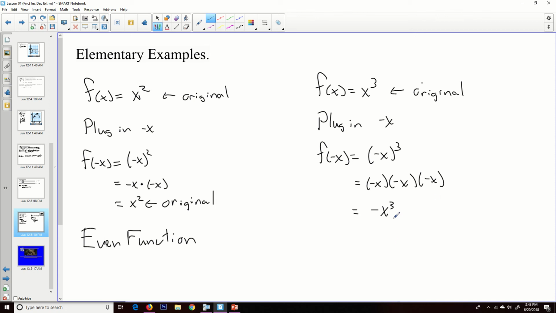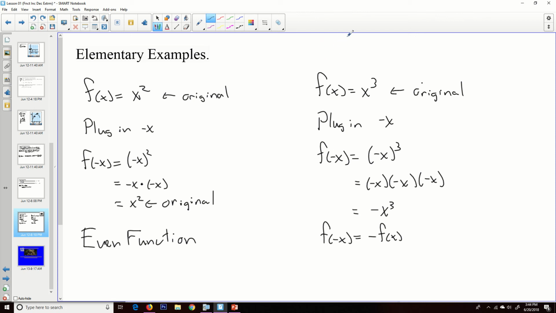So when I plug in f of negative x, I get negative f of x out. It's just like I took this function and made it negative.